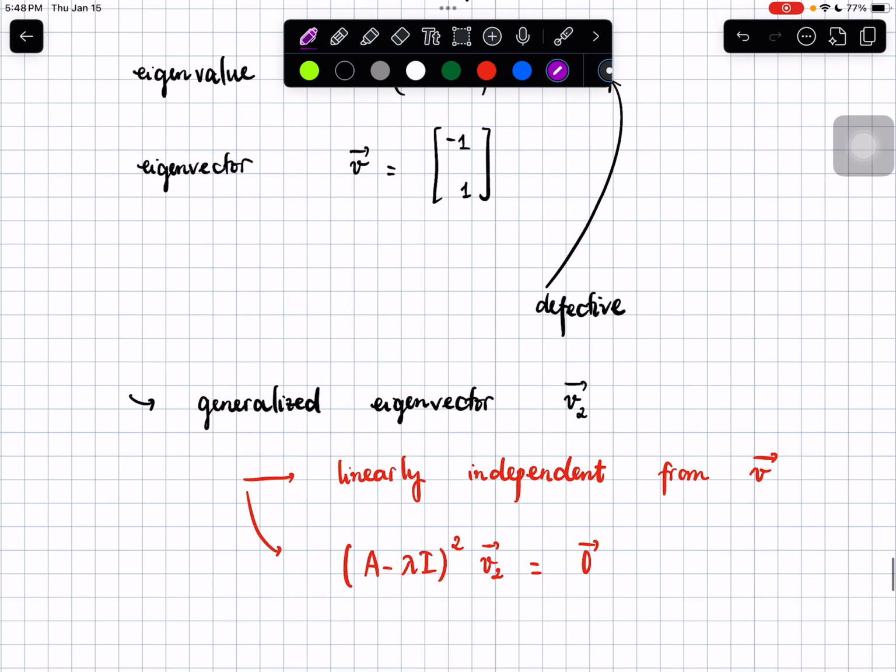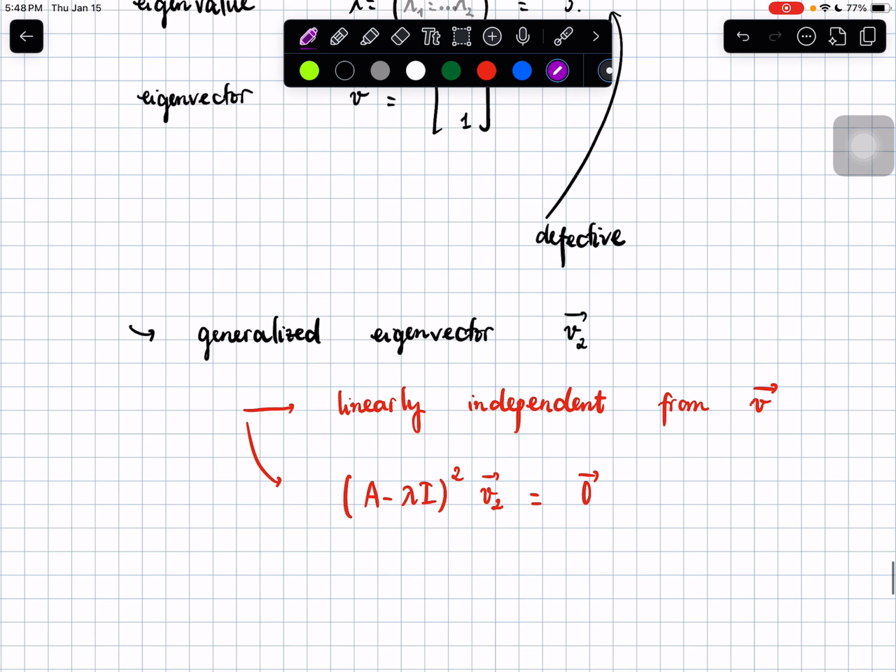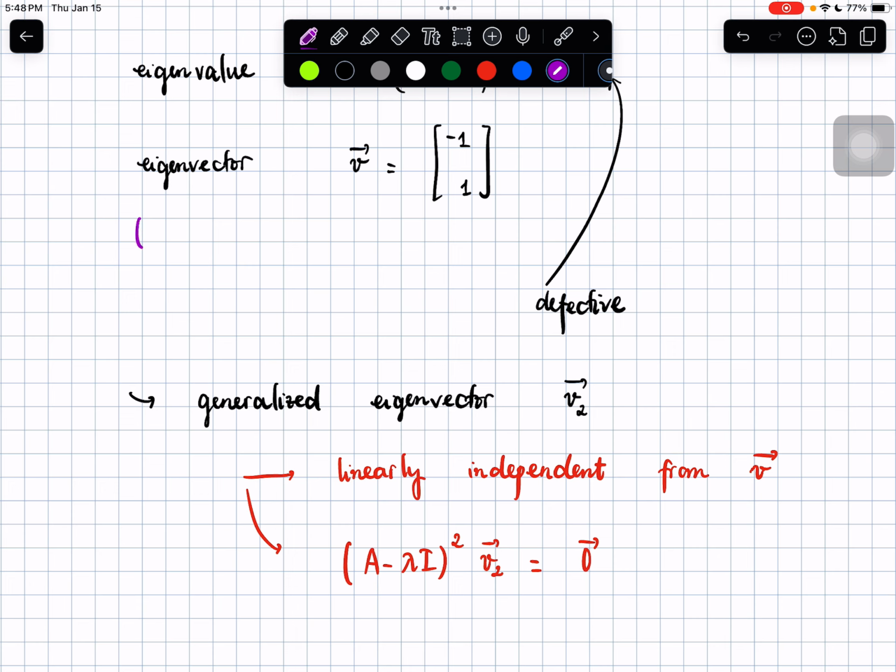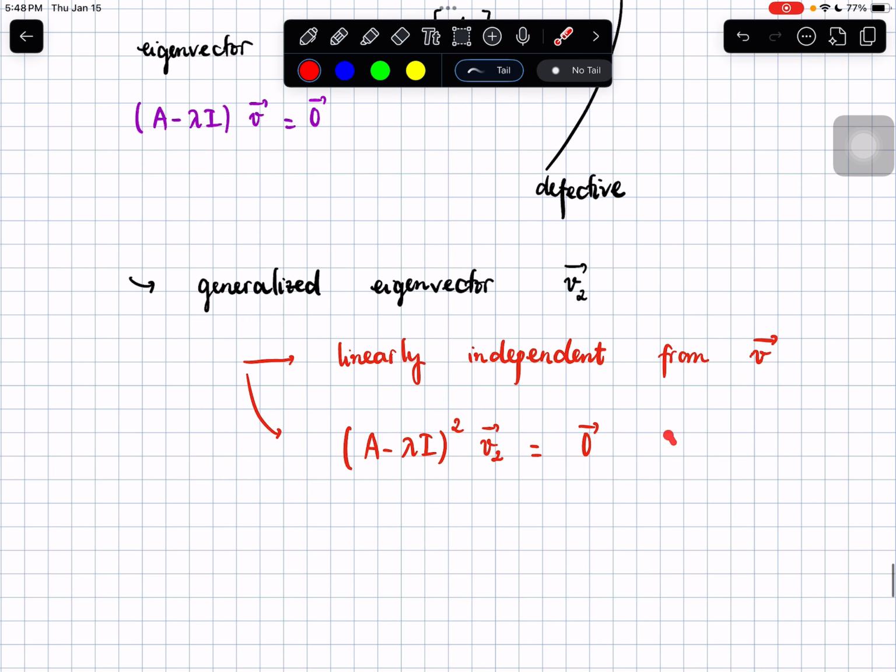For the actual eigenvector, we have A minus lambda I times V equal to 0. For the generalized one, A minus lambda I squared times V2 equal to 0.